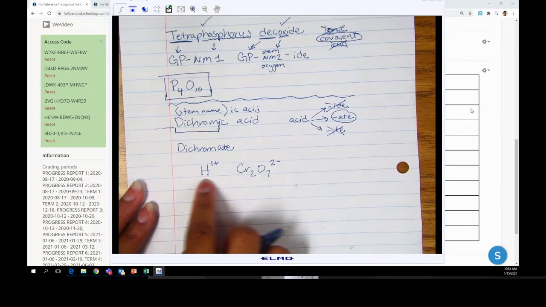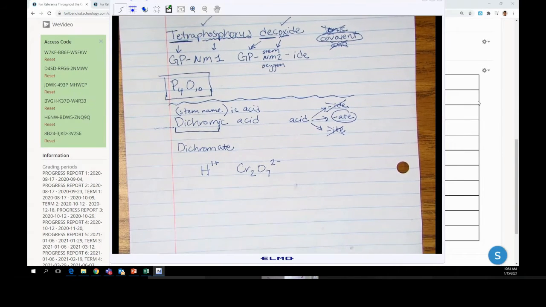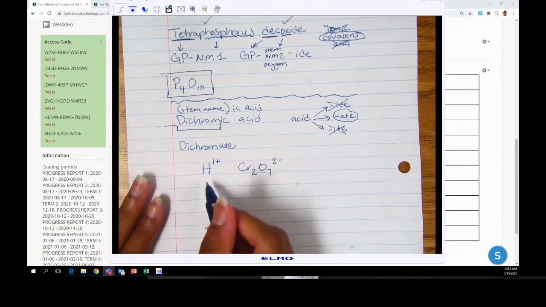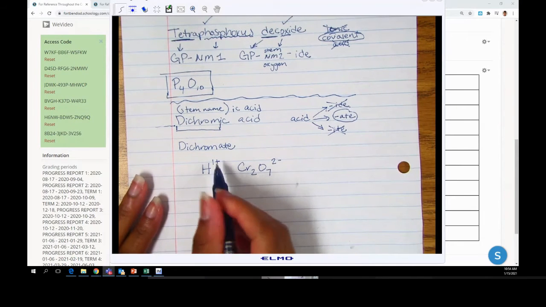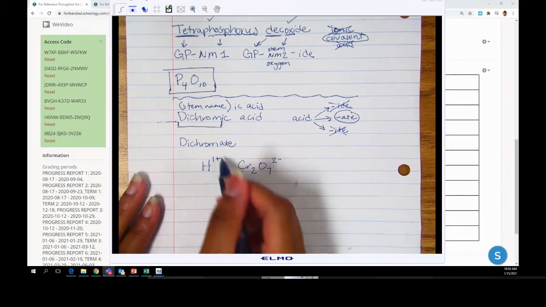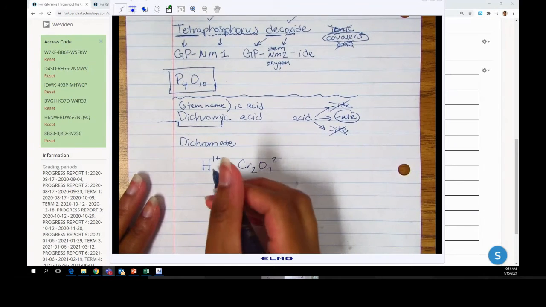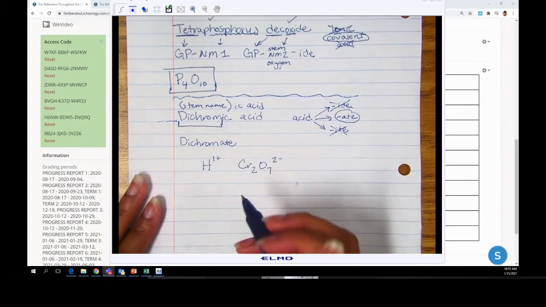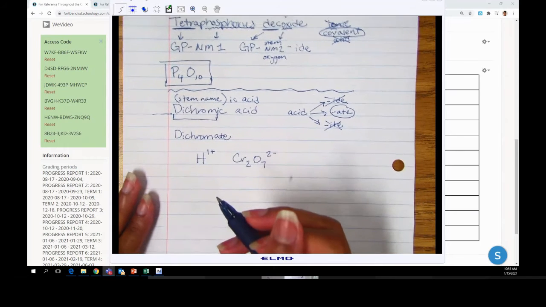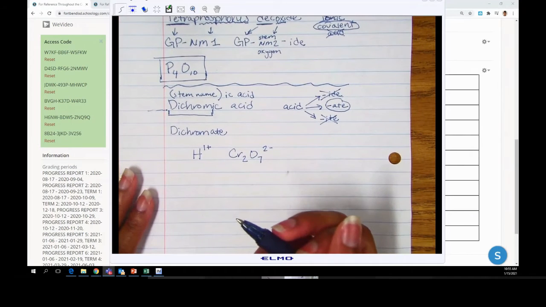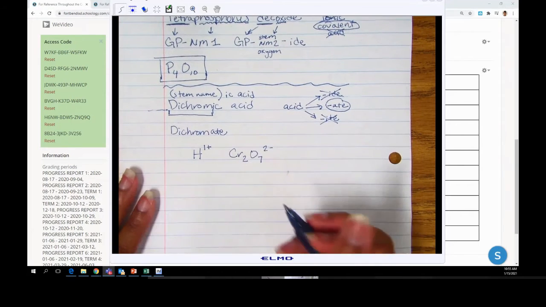So we're going to see this hydrogen 1+ or this hydrogen plus a lot. All right. So remember this because we're going to need it in order to crisscross to write the formula for our acid. So it's going to work the same way that our ionic compounds do because these ionize.